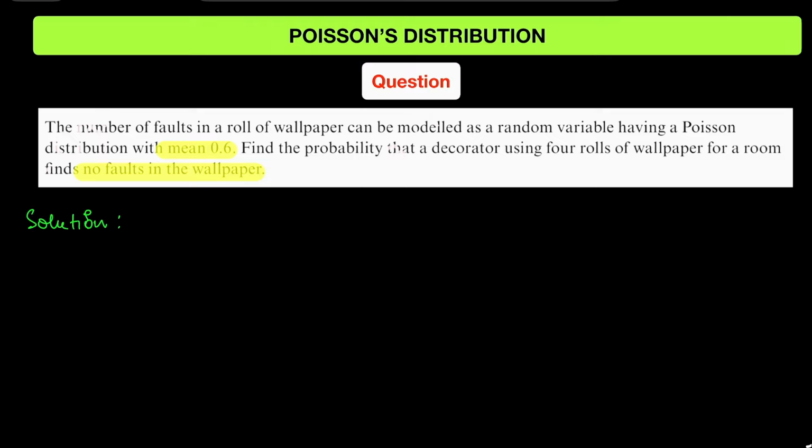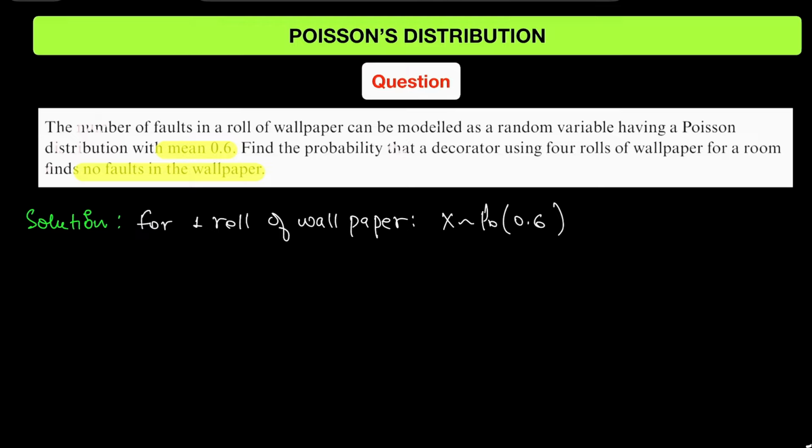First of all, we will write that for one roll of wallpaper, X follows a Poisson distribution and the mean is given to us as 0.6. Now if we read the question very carefully, it says the decorator is using 4 rolls of wallpaper.